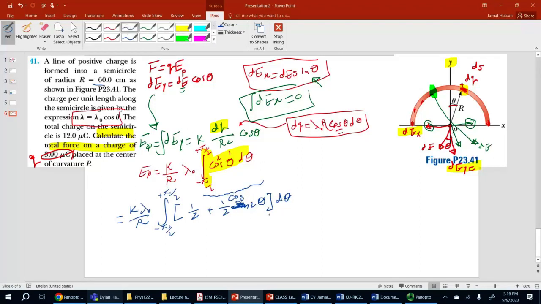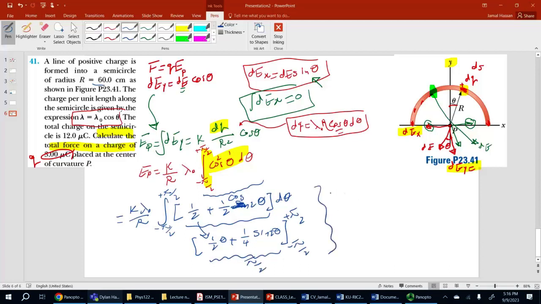The first term gives half theta, and the second term is 1 divided by 4 sine 2 theta, with the limits of integration plus and minus pi over 2. This basically equals pi over 2. So the final answer for the electric field at point P is k lambda naught divided by r, times pi over 2.